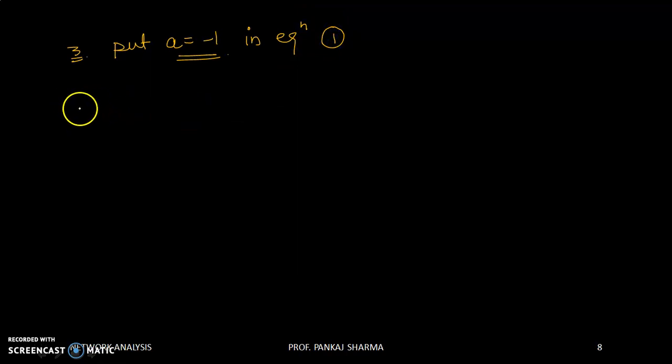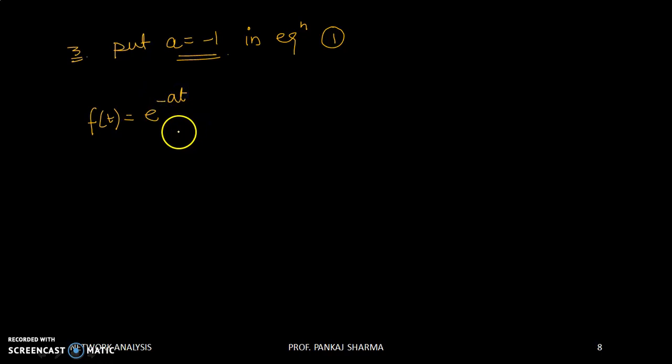Now point number 3, put a is equal to minus 1 in equation 1. What will we get? Equation 1 was f of t is equal to e raised to power minus at.